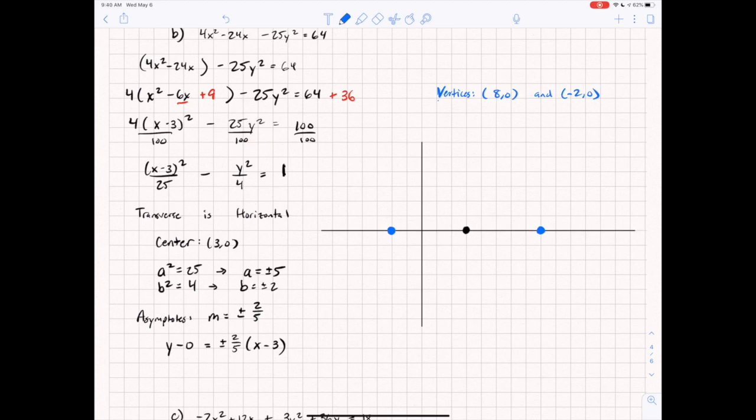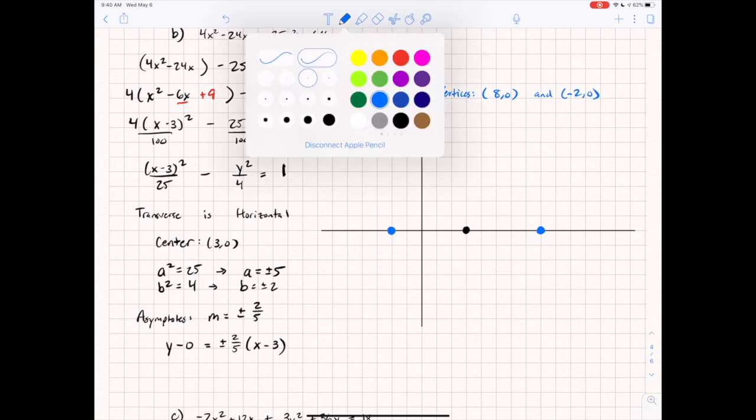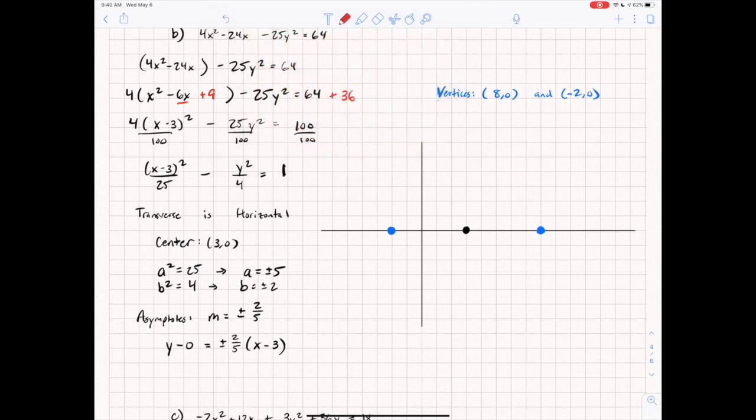All right, so I've got that. We could go ahead and make the box. So from the center, I'm taking 2 steps up. Again, this is going to be a really shallow box. And then I can create my a by b rectangle. This will help me draw my asymptotes, because my asymptotes will go along the diagonal here.